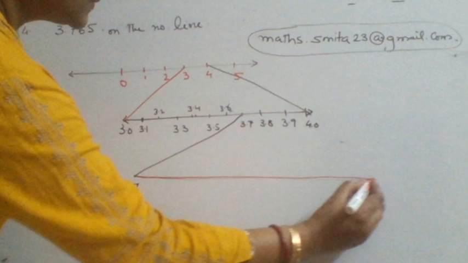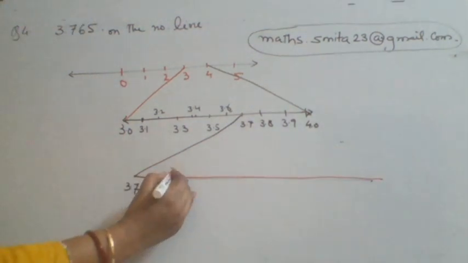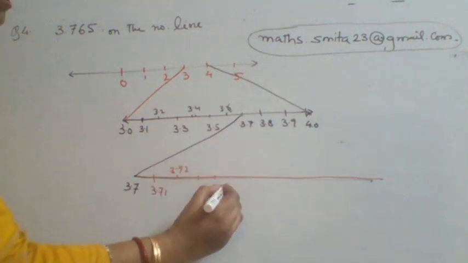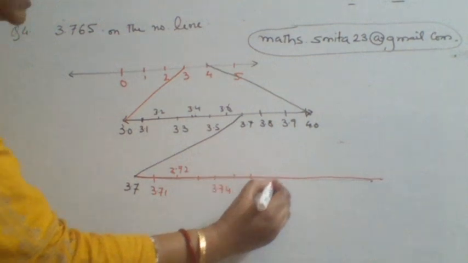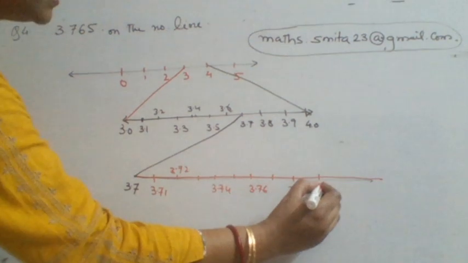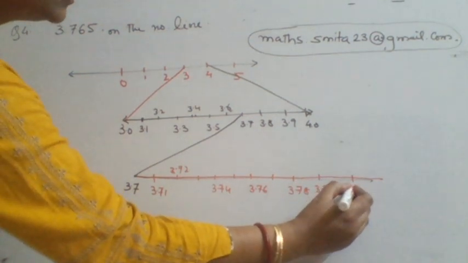Next to 3.7 you get 3.71, 3.72, 3.73, 3.74, 3.75, 3.76, 3.77, 3.78, 3.79 and this one is your 3.80.